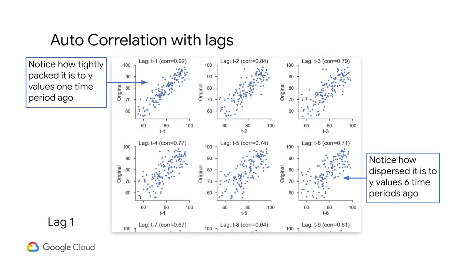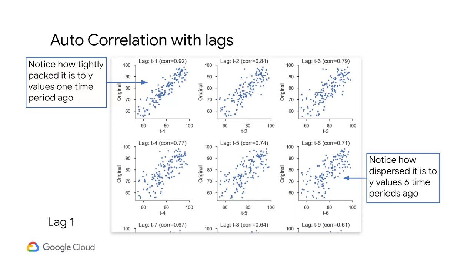Here, we show you 6 charts of the same series. The first chart on the top left shows each value of y plotted against the value of y one period previously. Similarly, the second chart shows y against the y values 2 periods prior, and so on. Notice how tightly packed y is to values one time period ago on the top left corner.